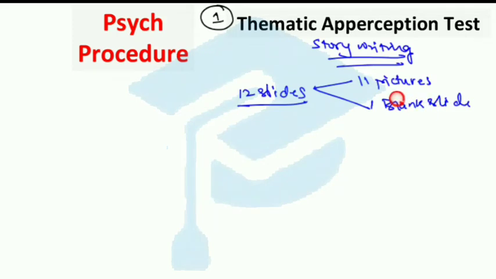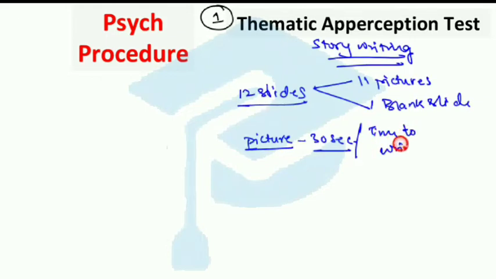Now, what happens is that for writing a story, the picture is shown for 30 seconds, and the time to write the story is 4 minutes.